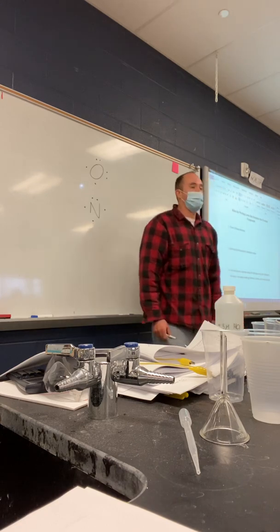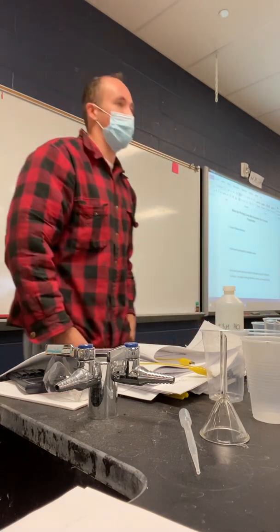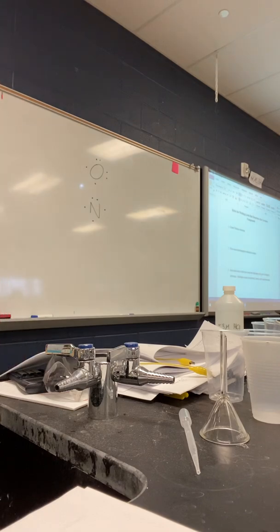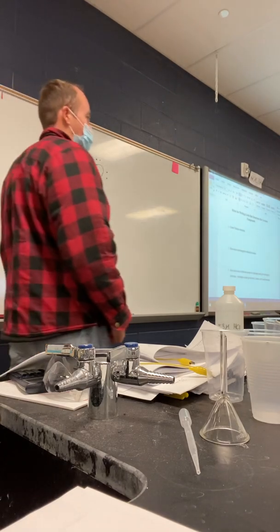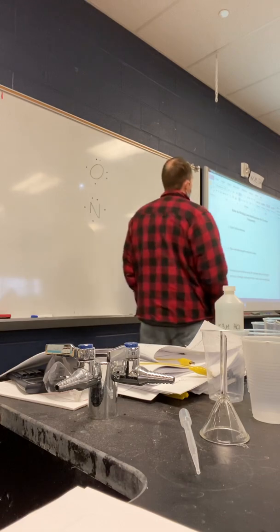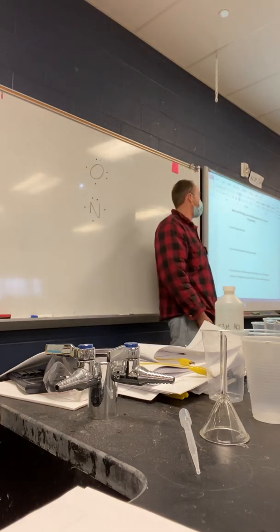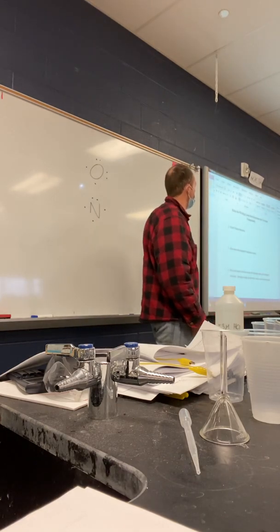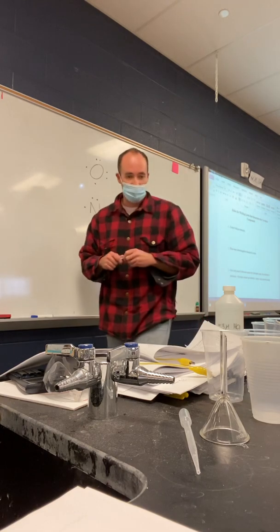You want to find the page, and I would star this page. I would make sure you know specifically where this page is at all times. These are the rules and steps for writing Lewis dot structures for covalent compounds.